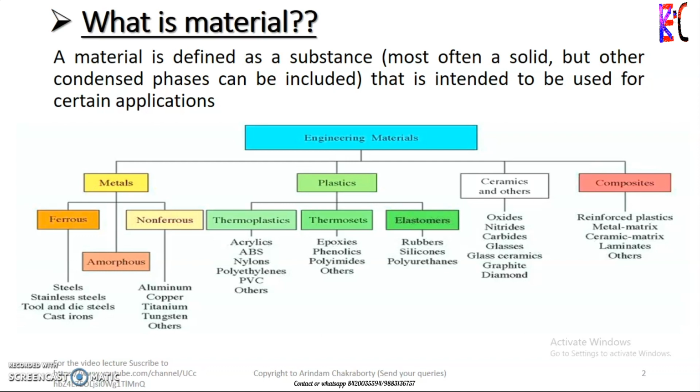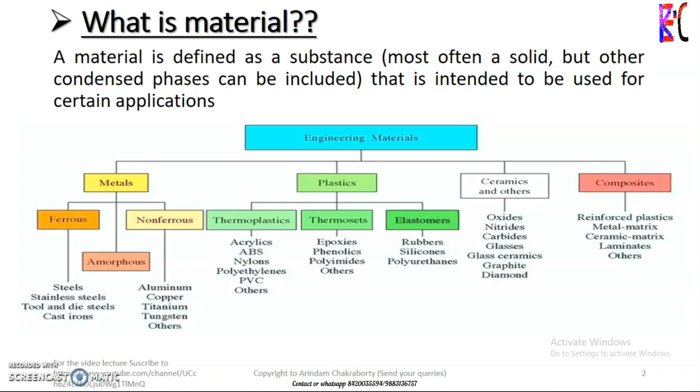Non-ferrous like aluminium, copper, titanium, tungsten, etc. Amorphous can be other things that we don't consider completely metal, like reinforced elements. The amorphous can also be categorized under composites. That depends on how you manufacture it. Plastics, we know thermoplastics, thermosets, elastomers. Ceramics, we know oxides, nitrides and everything. So these are the types of materials.